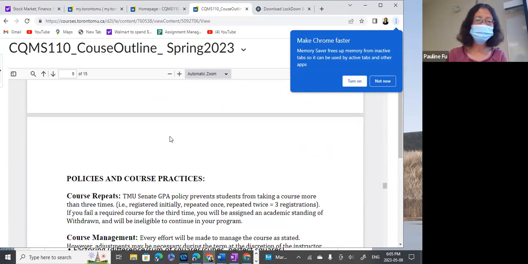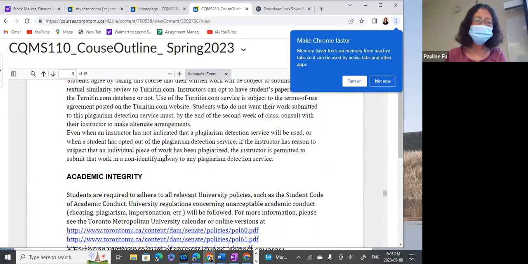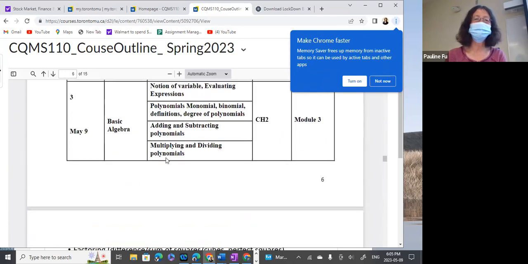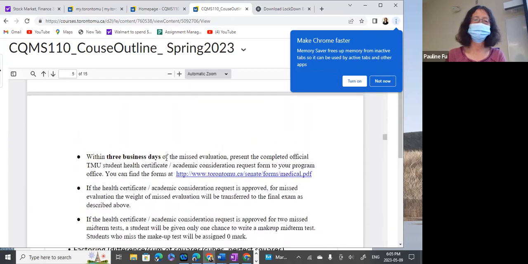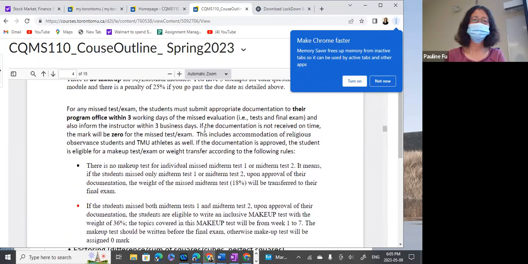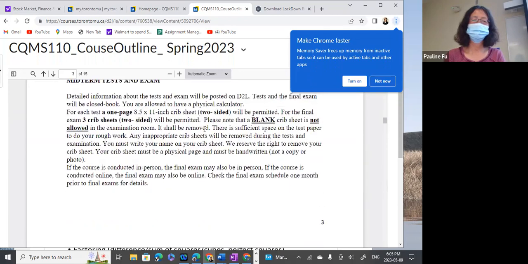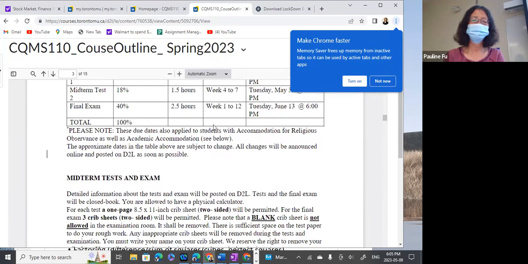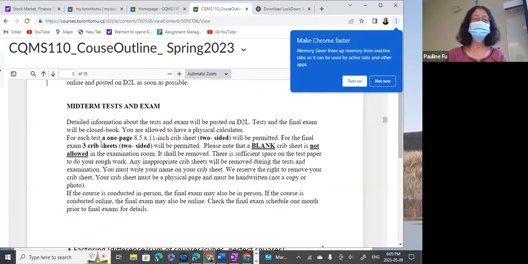So this is the course outline. Here, for each test, one page crib sheet, two-sided, is allowed. For the final exam, 3 crib sheets will be allowed. Okay, so that is this question.